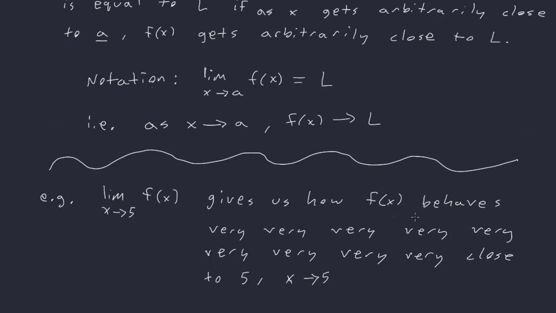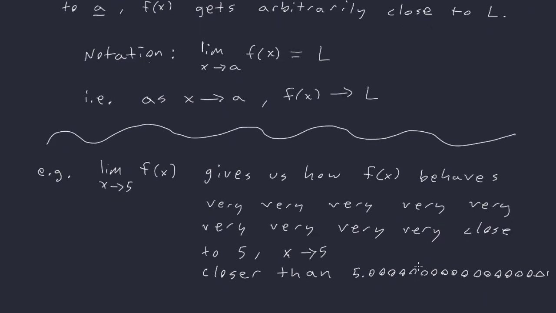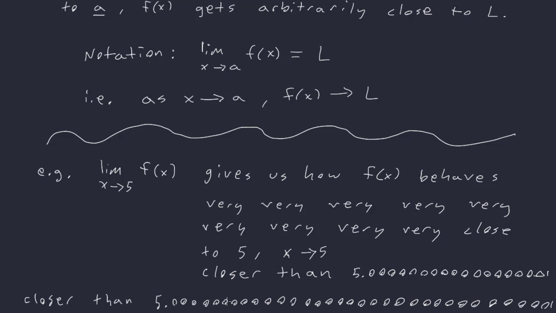Okay, so the limit as x goes to 5 of f of x gives us how f of x behaves very, very close to 5. That's why we use this little arrow instead of an equal sign. But also, we're talking closer than, say, 5 point, all these zeros and a 1.